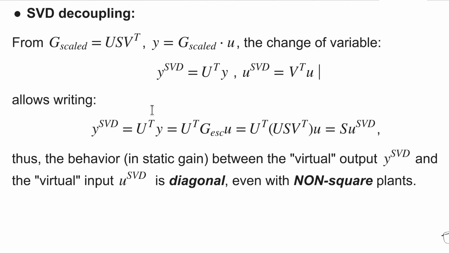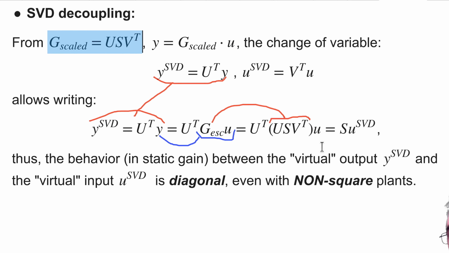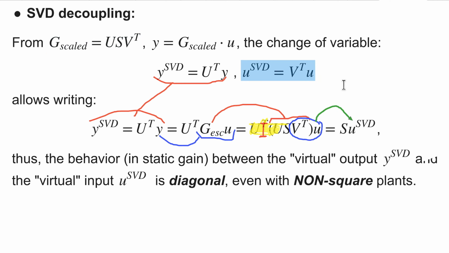If I just copy this change of variable here, now I will replace this equation in here, then I will replace this equation in here, and now I will realize that as U is an orthogonal matrix, its transpose is its inverse, so U transposed U ends up being the identity matrix, and it disappears from my manipulations, and V transposed U is what we called USVT here.